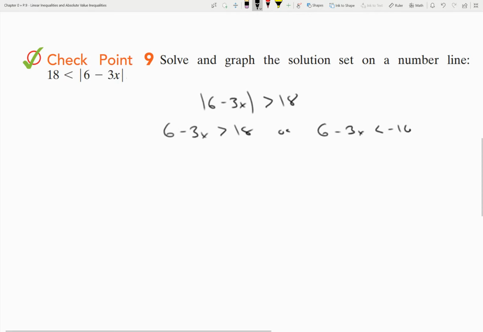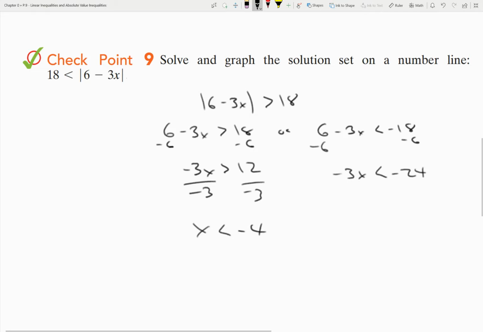Subtract 6 from both sides. Negative 3x is greater than a positive 12. Dividing out the negative 3, remember to change the sense here, and I get x is less than negative 4. On the opposite one, we get negative 3x is less than negative 24.